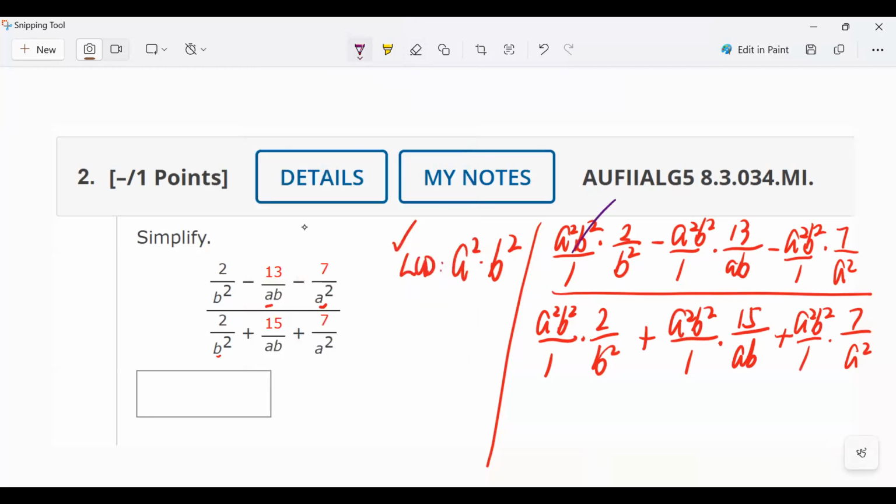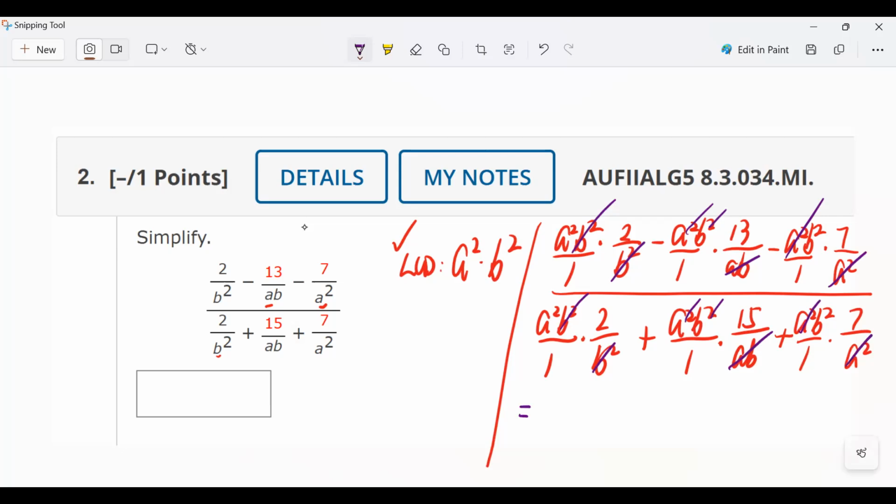B square gets canceled. Both A and B get canceled. AB gets canceled. A square gets canceled. On the bottom, B square gets canceled, and then AB gets canceled, and A square gets canceled.